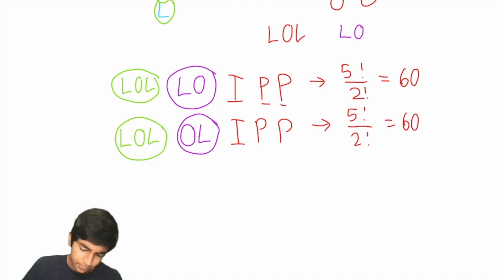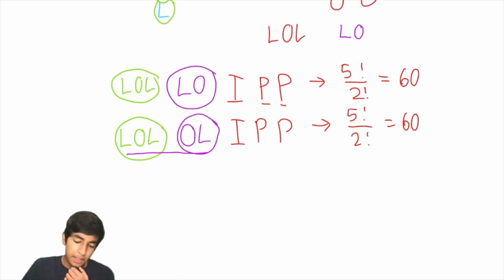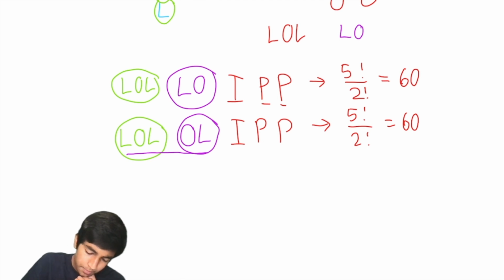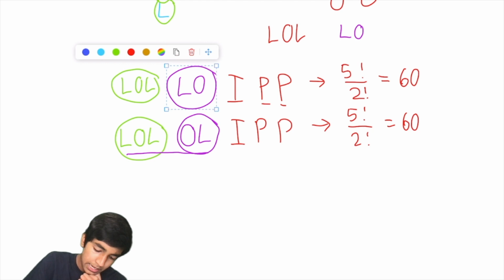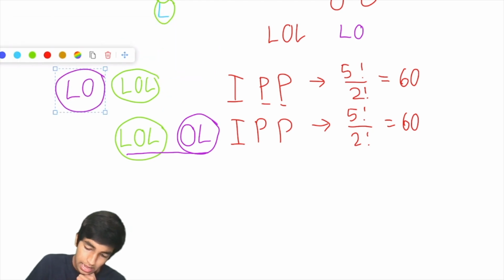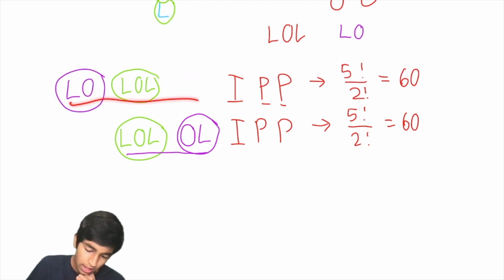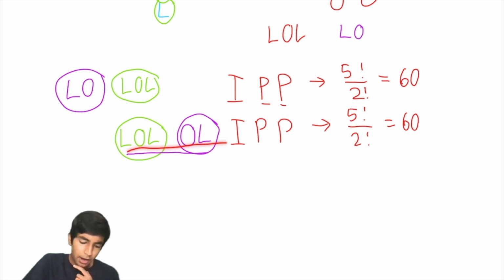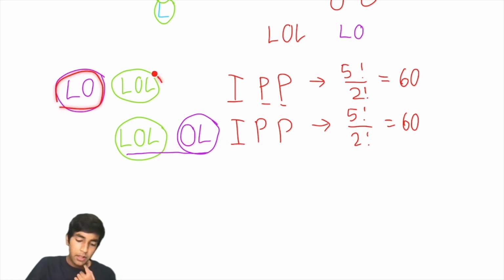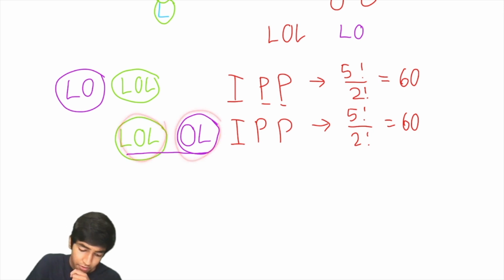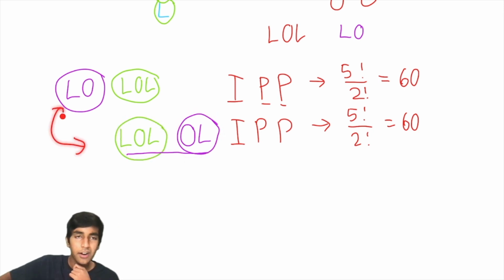Oh, wait. Look here, we've got LOL, OL. This is with OL. Now, LO, what if we just move this part to the beginning? L, OL, OL. But this part has the purple part before the green part, and this part has the green part before the purple part. So we counted them as different ways, didn't we? Right?